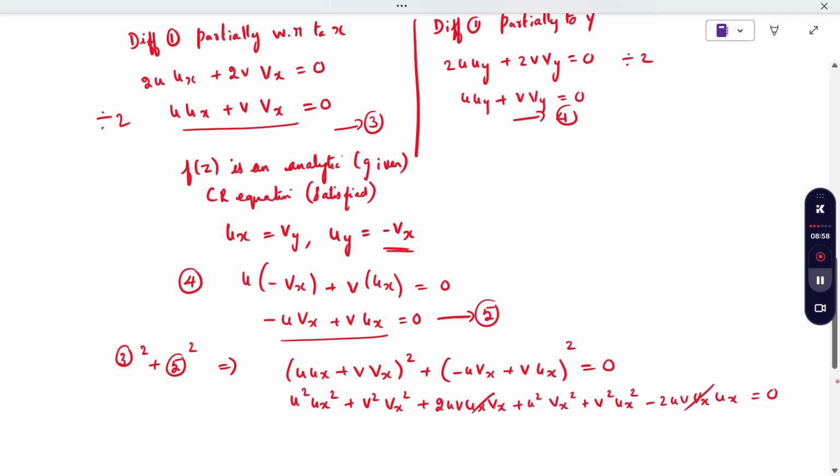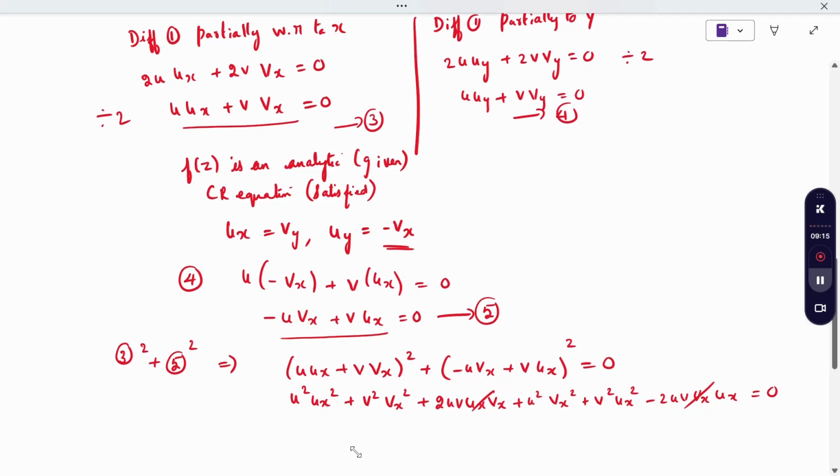These terms get cancelled. So I'll be getting, correct, ux squared and vx squared. Which term can I take outside? u squared I can take outside, giving ux squared plus vx squared. Same way v squared I can take outside, ux squared plus vx squared, equal to 0.